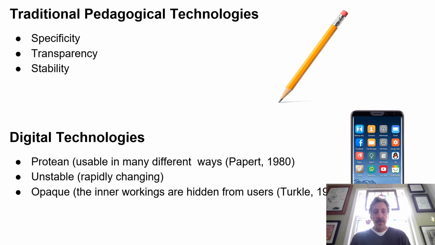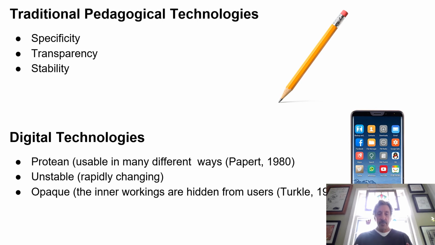The article starts off with an important point about the difficulty, which I know is on a sliding scale for teachers, of integrating technology. They would argue it has to do with the specificity, transparency, and stability of traditional analog technologies like a pencil or the overhead projector that I had in my classroom.